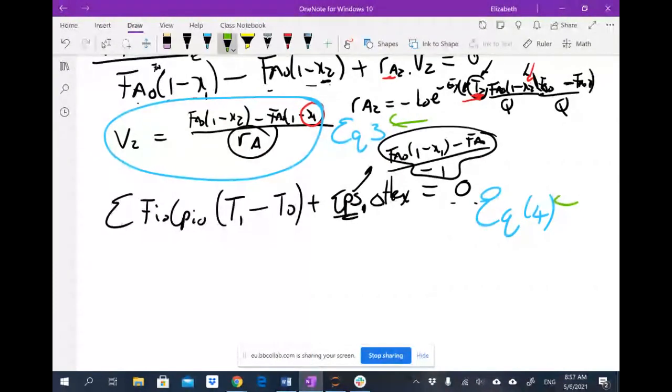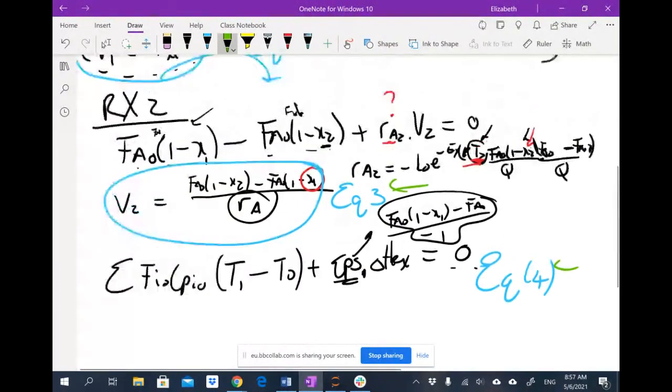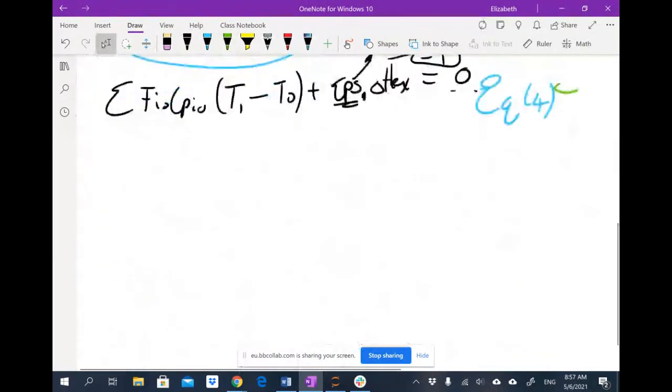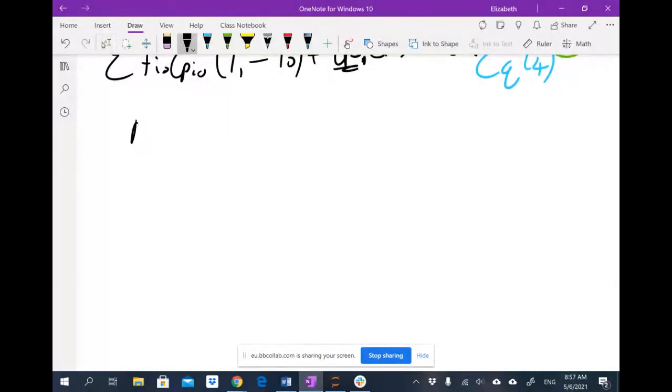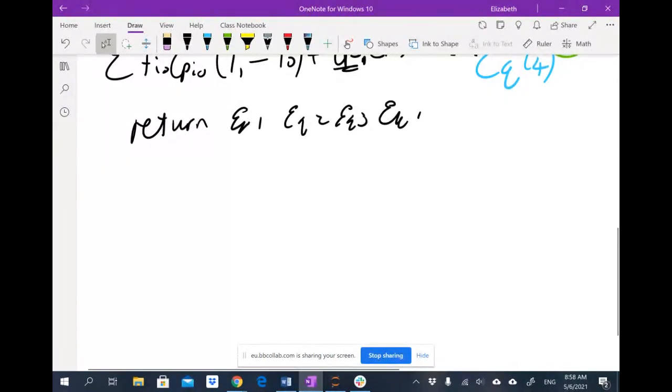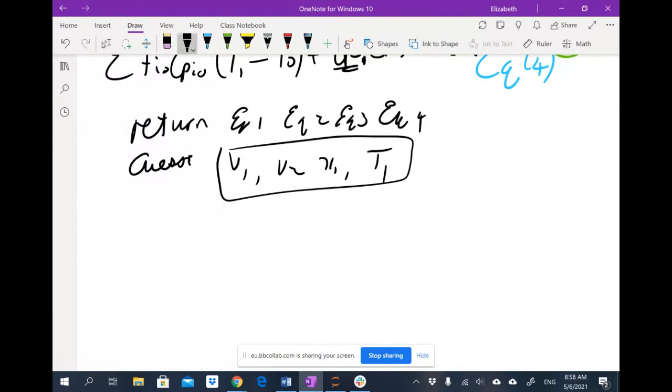But the implication is, if your solver function returns equation 1, equation 2, equation 3, and equation 4, it means that you will have to have 4 corresponding guess values for volume 1, volume 2, x1, and temperature 1. And that makes it a very user-unfriendly problem to solve.